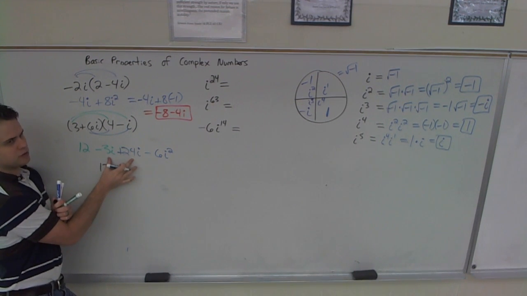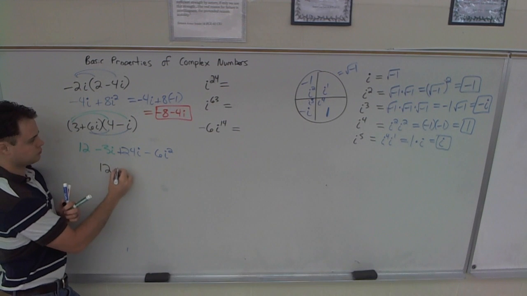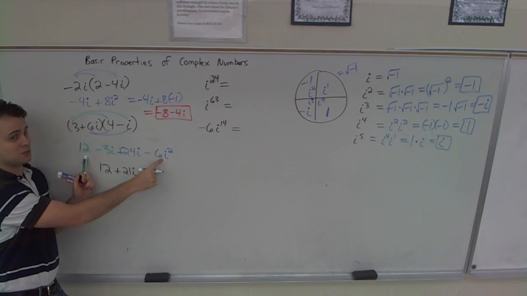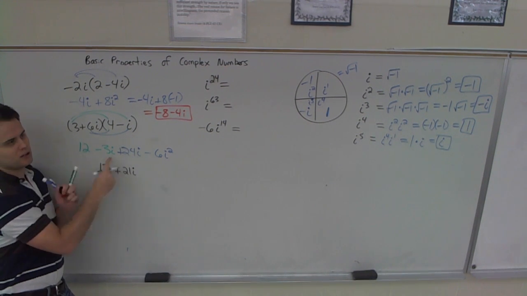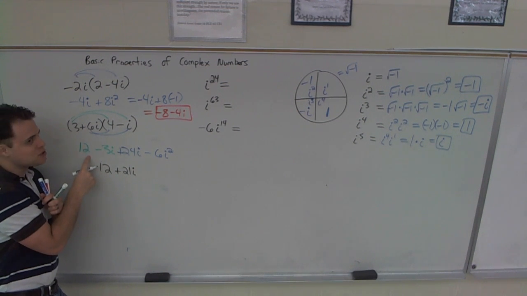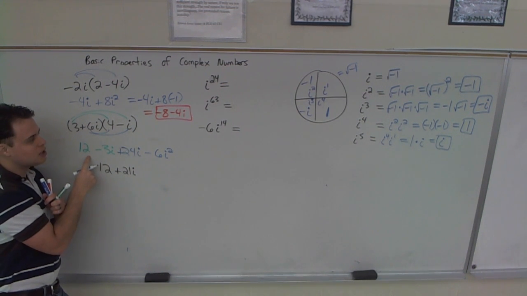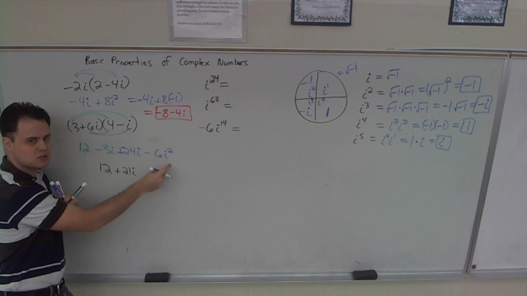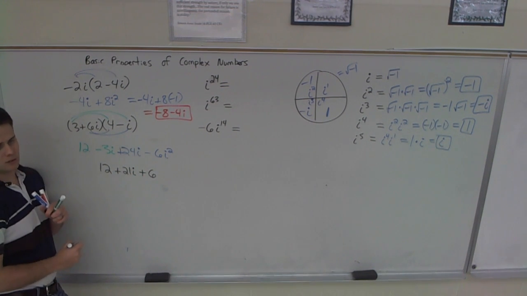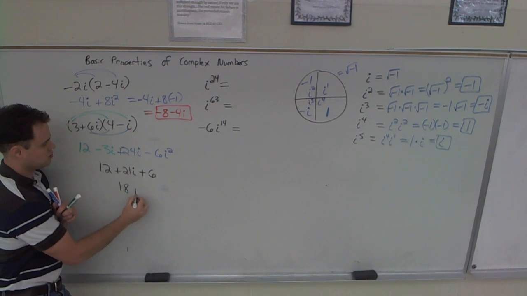These are together. 24 minus 3 is 21. And these are really like terms too. You guys are like, what? That one's i squared. This one's just 12. But i squared is negative 1. So this is negative 6 times negative 1, which is 6. And 12 and 6 is 18.